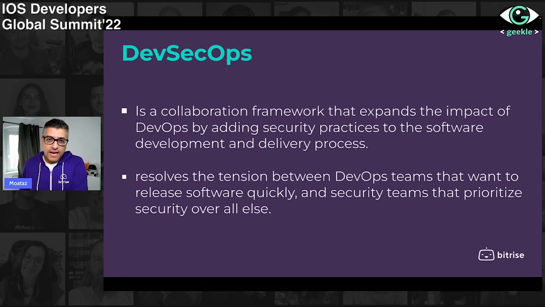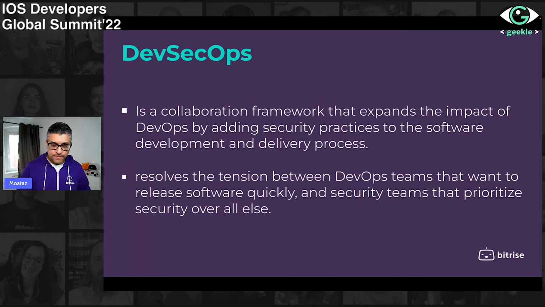Maybe security currently in our company takes a lot of time, and the DevOps team is always thinking we need to release our application quickly. So this will help us find a process between us that will try security over all the process.